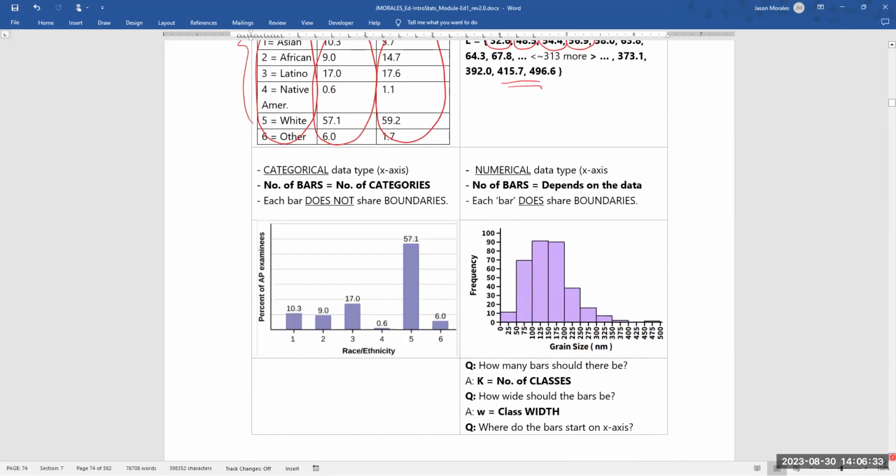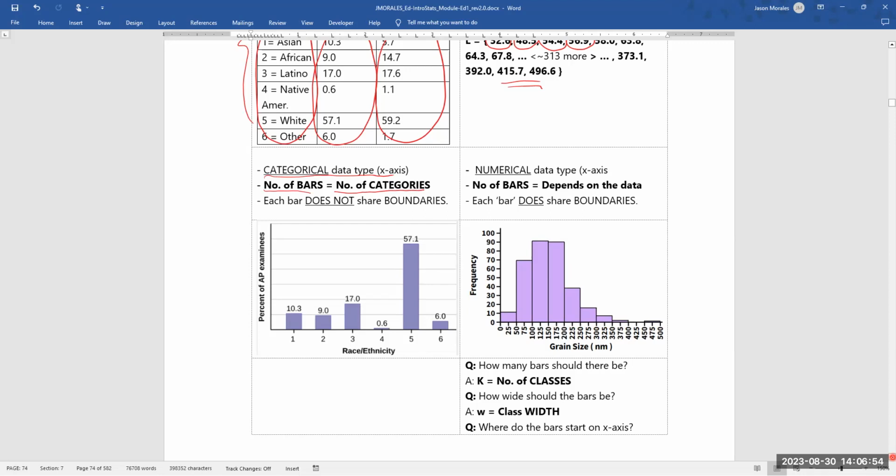So kind of what I just said, a bar chart is composed of categorical data types. The number of bars is going to be equal to the number of categories. So up above, we had categories 1, 2, 3, 4, 5, and 6 to stand for Asian, African, Latino, Native American, white, and other.